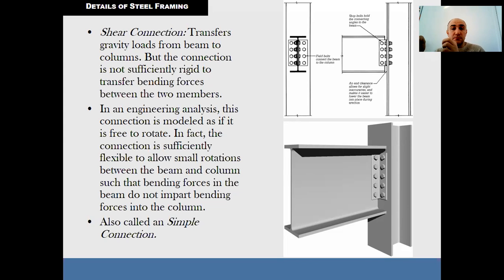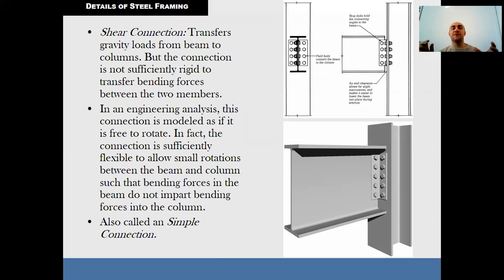A single angle connection is an example of a shear connection. The lack of welds on top and bottom of the member will not transfer moment force. Shear connections are generally the most commonly used connection in the construction of metal steel structures.